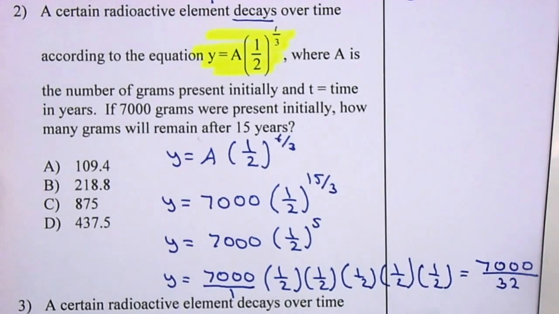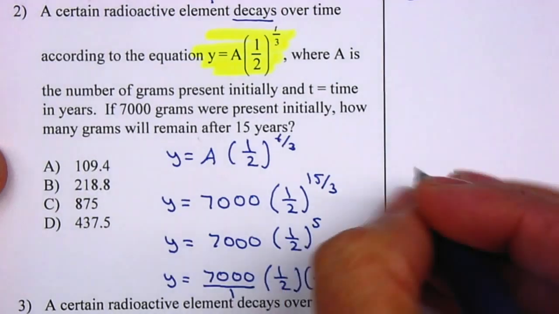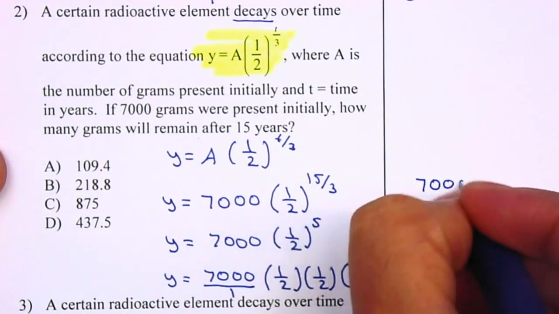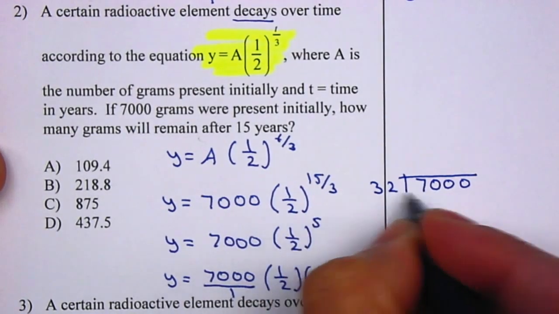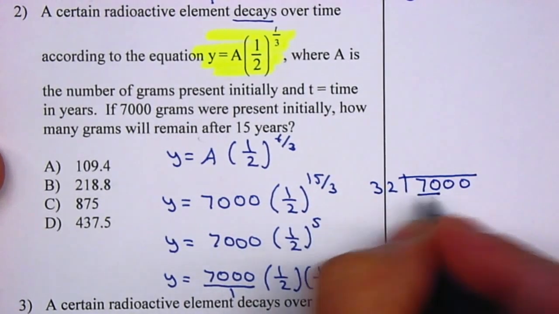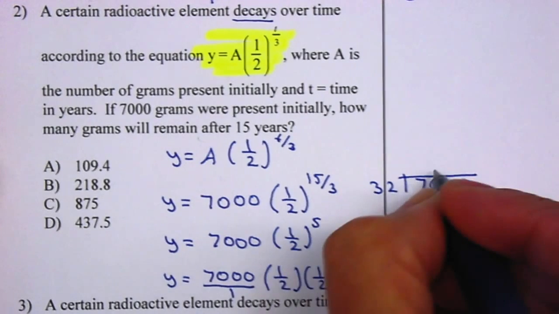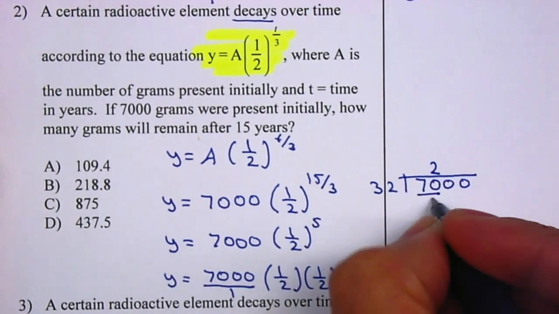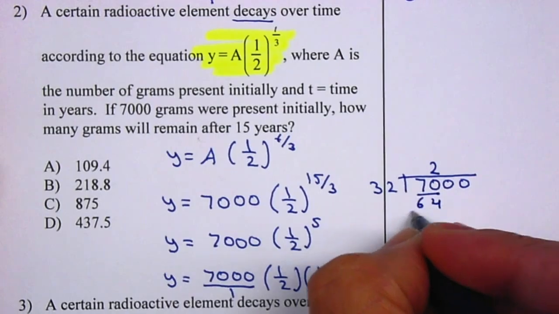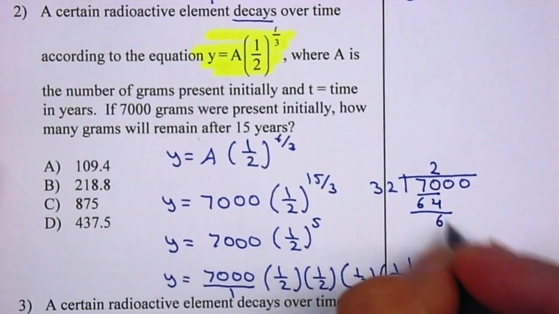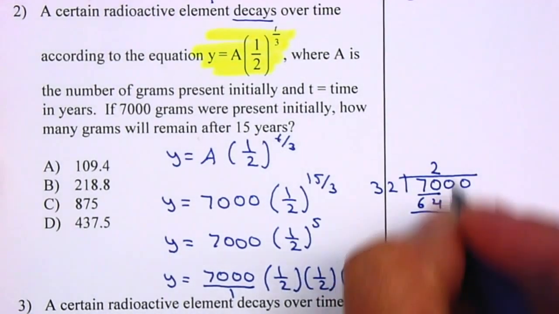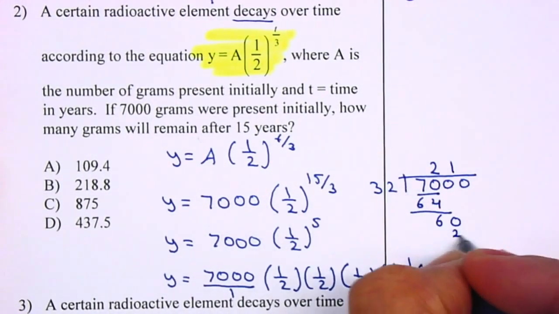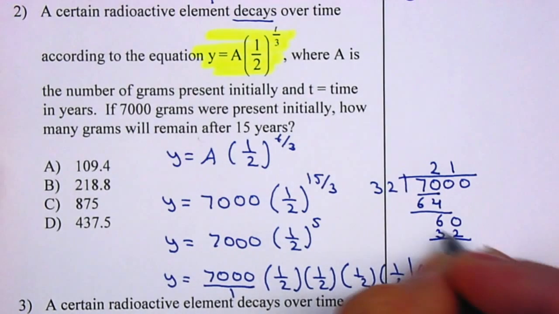Now, we can reduce if we want, or we can just do the long division. I'm just going to do the long division, 7,000 divided by 32. 32 goes into 70. I know that 32 times 2 is 64, so it'll be twice. 2 times 2 is 4, 2 times 3 is 6. Subtract, and then the next number. 32 goes into 60 only once. 1 times 2 is 2, that'll be 3.